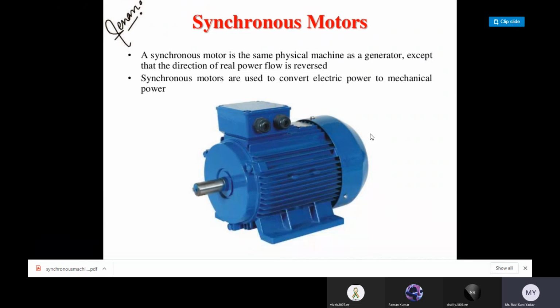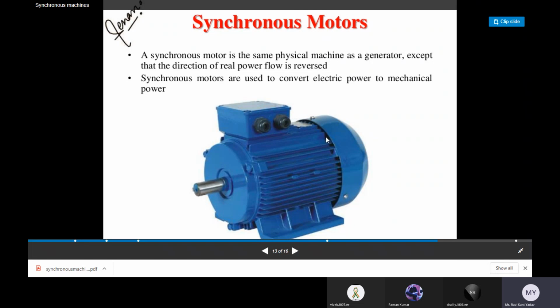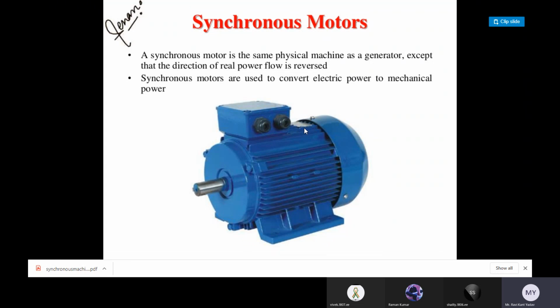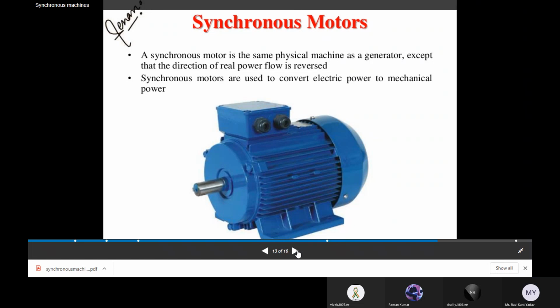It is uneconomical for lower power. For lower power applications, we use the three phase induction motor and single phase induction motor in place of the synchronous motor. Synchronous motors are used where the power factor is low, and this motor is also used for the improvement of the power factor.